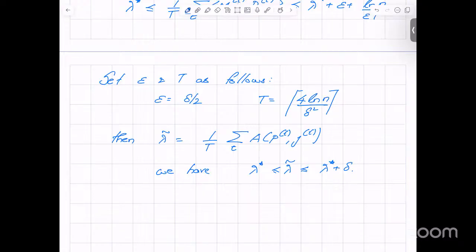So this is what we did. So we can get this proxy. We run several probability distributions, just average them across and take the average cost vector. That is a proxy for the best zero sum value.